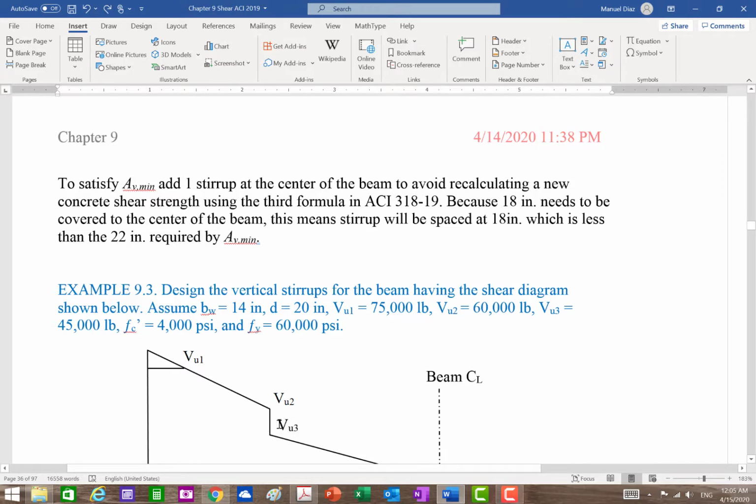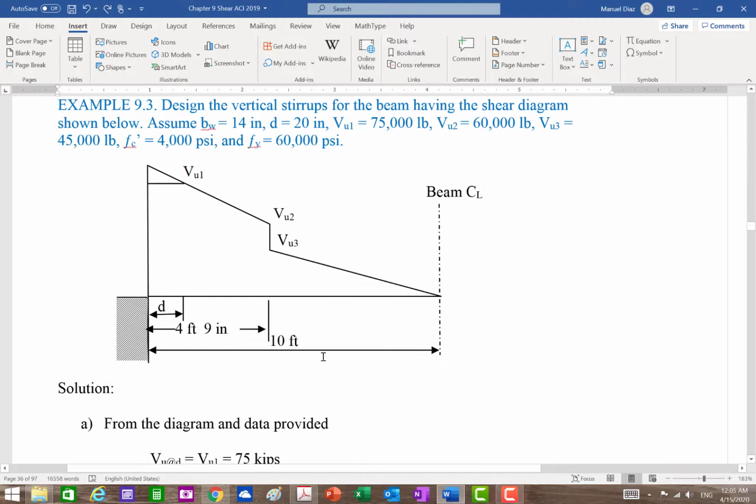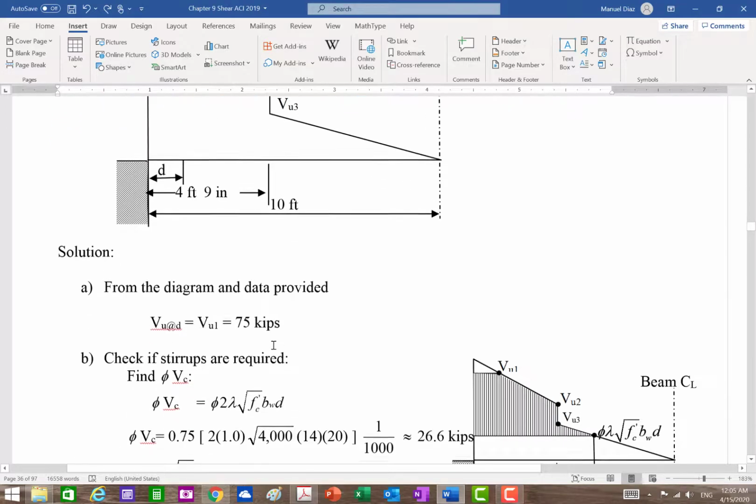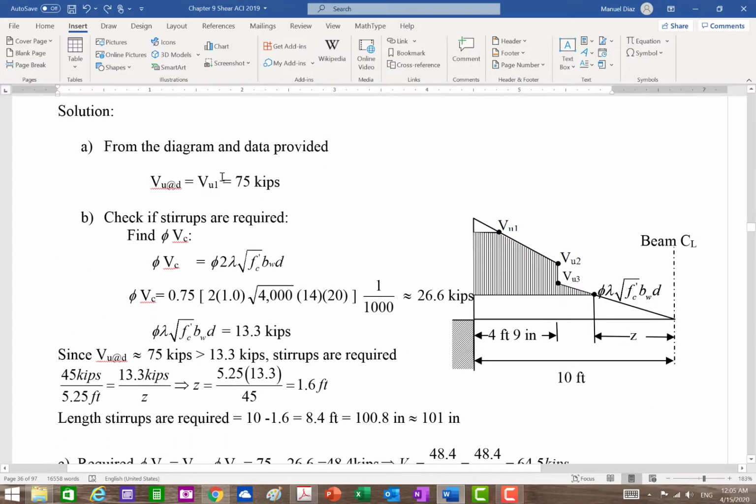Okay, BW is 14 inches, D is 20. So the first value is given at D from the face of the support. So that's kind of your first design value, right? VU at D. And then you have a value 60 and a value at 45. Okay. So VU at D equals VU1, which is 75. Again, you're going to assume that you're going to provide minimum amount of stirrups.